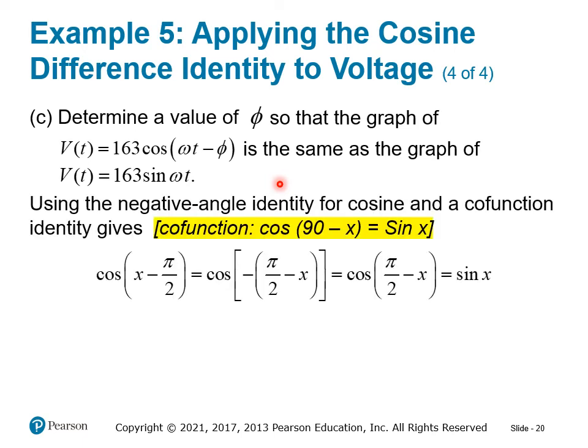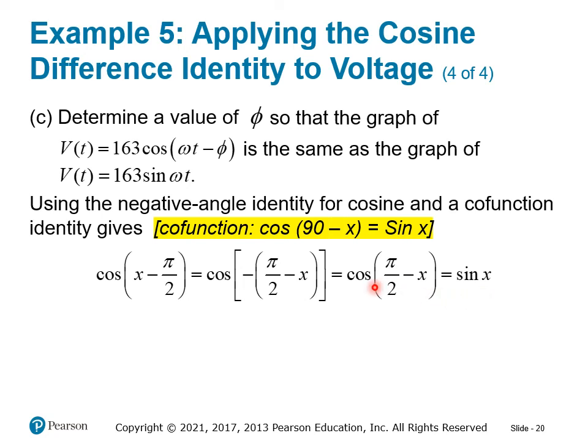Well, remember that the sine of x equals the cosine of 90 minus x, or pi over 2 minus x, which you can see on the right side here, okay? Now what it's doing here is it's trying to set this up so that it's visually the same, okay? And so let's work from the right to the left. So we're starting here, and this is just our basic cofunction identity on the right side of the equation. Cosine of pi over 2 minus x equals sine x, okay?